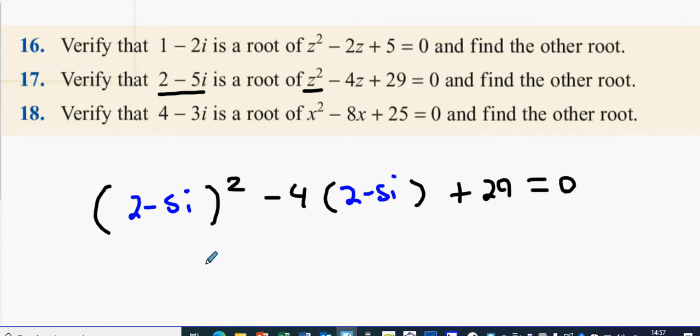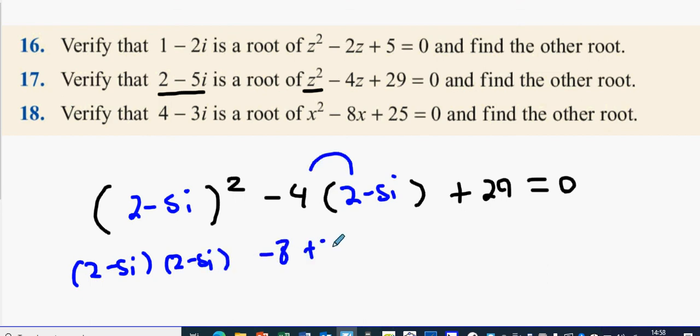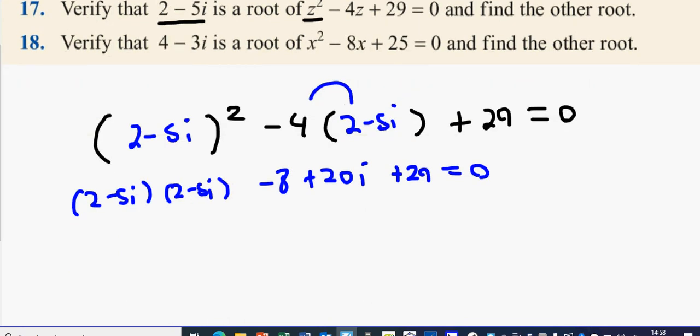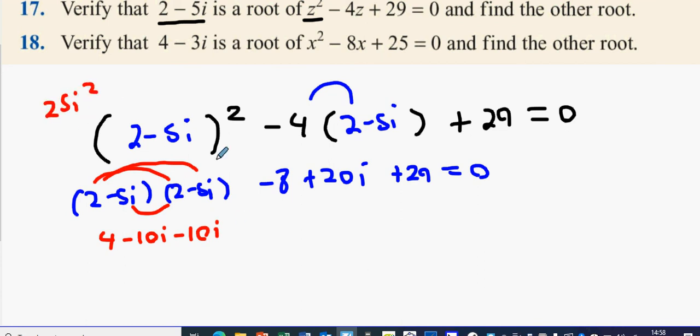So guys, in question 16, what you're going to get is 2 minus 5i by 2 minus 5i. Then you're going to get a minus 8 plus 20i plus 29 equals 0. Now, 4 minus 10i minus 10i plus 25i squared, which is minus 25, minus 8 plus 20i plus 29.